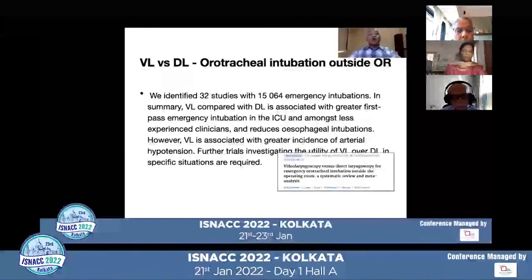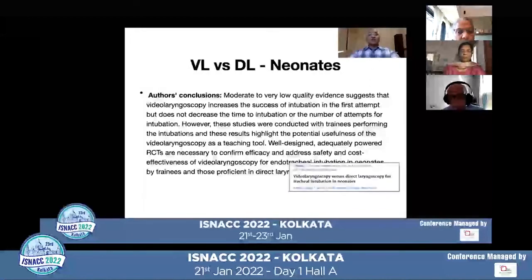Similarly, for orotracheal intubation, a comparison of video laryngoscopy versus direct laryngoscopy outside the operation theater identified 15,000 plus emergency intubations. VL compared with direct laryngoscopy was associated with greater first pass emergency intubation success in the ICU and among less experienced clinicians, and reduces esophageal intubation, but it was associated with higher hemodynamic instability.